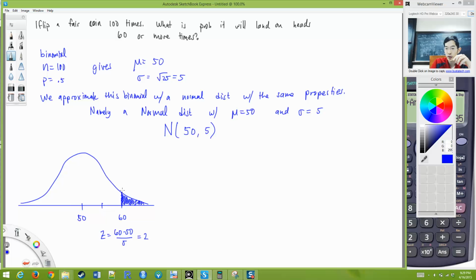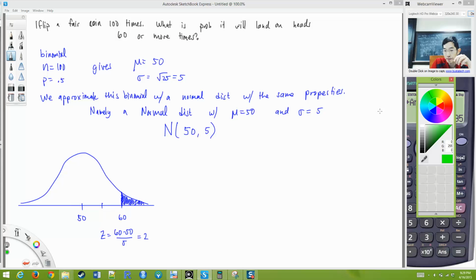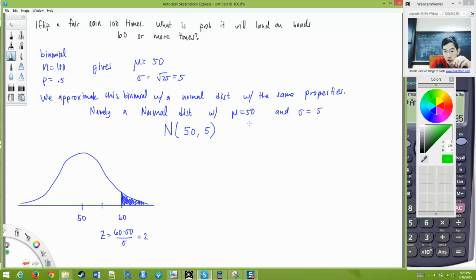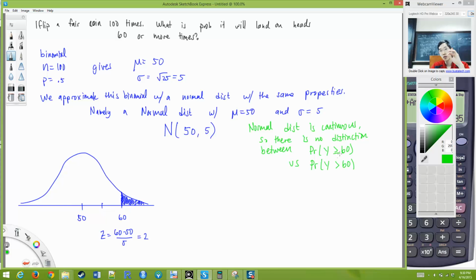Okay, so the normal distribution is continuous, so there's no distinction between the probability that y is greater than or equal to 60 versus the probability that y is greater than 60. Okay, because it's continuous, we don't make a distinction between these two things.